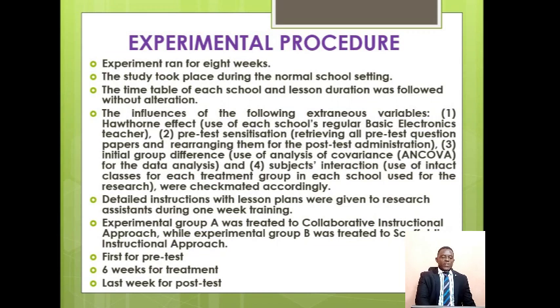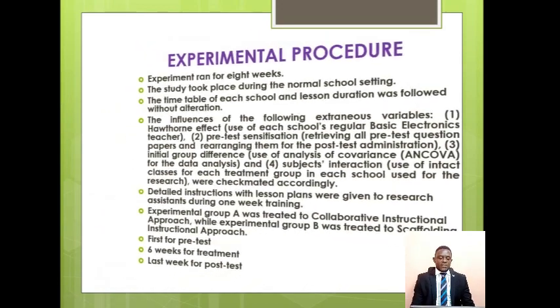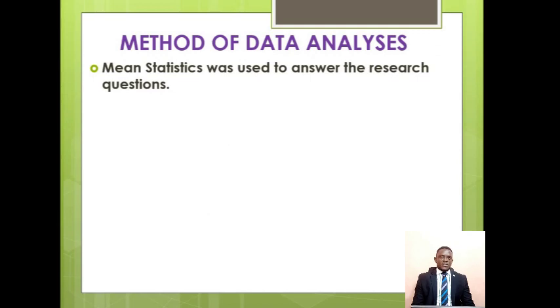The second thing was to take a step against pre-test sensitization. How we controlled for that was to retrieve all the pre-test questions and papers from the students in the first place. Secondly, we rearranged them in such a way that they could not easily be recognized by the students as what they had seen previously.